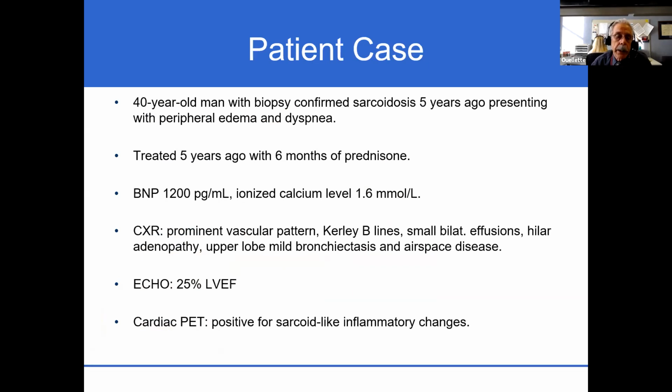He has a BNP now of 1200, an ionized calcium level elevated to 1.6, a chest x-ray that shows a prominent vascular pattern, evidence of bilateral effusions, as well as adenopathy, bronchiectasis, and airspace disease. The echocardiogram that you've obtained shows a 25% EF, and your cardiology colleagues have obtained a cardiac PET for you that shows positive findings for sarcoid-like inflammatory changes.